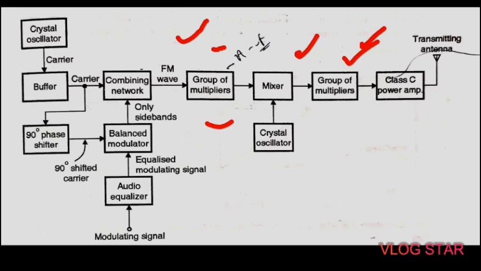Then the effect of multiplication and mixing is done. So the FM signal with high Fc, that is high carrier frequency, and high MF is then passed through this class C power amplifier which is used to raise the power level of the FM signal. Okay, so in this way we can generate the FM.